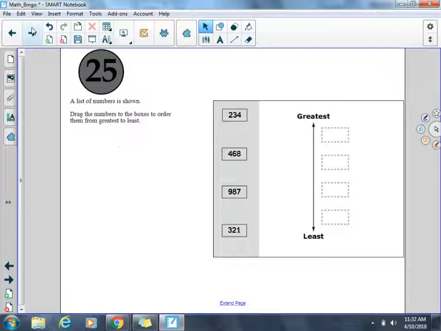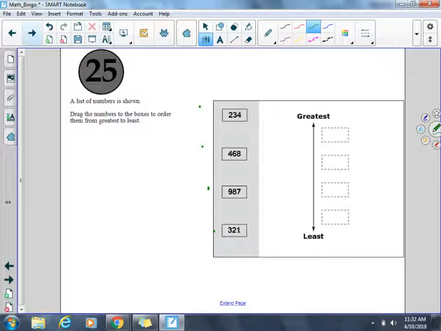Our next one and our last one says, a list of numbers is shown. Drag the numbers to the boxes to order them from greatest to least. So really it all comes back to place value. Okay, if I'm looking at place value here, I'm always going, just like when I'm going alphabetical order, I want to look at that digit that's the farthest out. And all of these numbers have digits in the hundreds place.